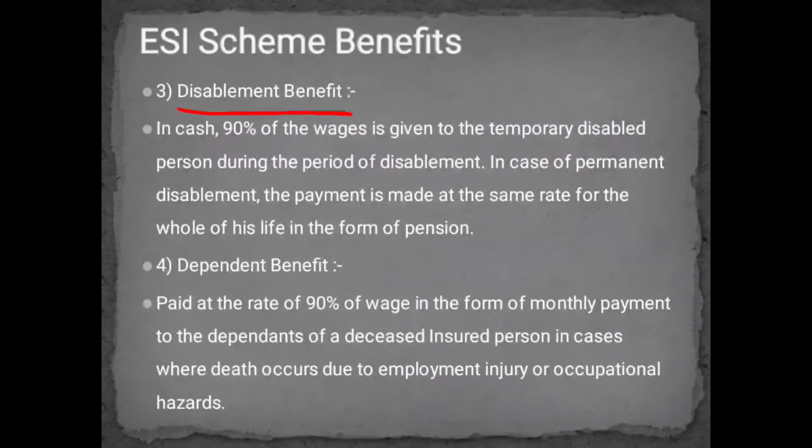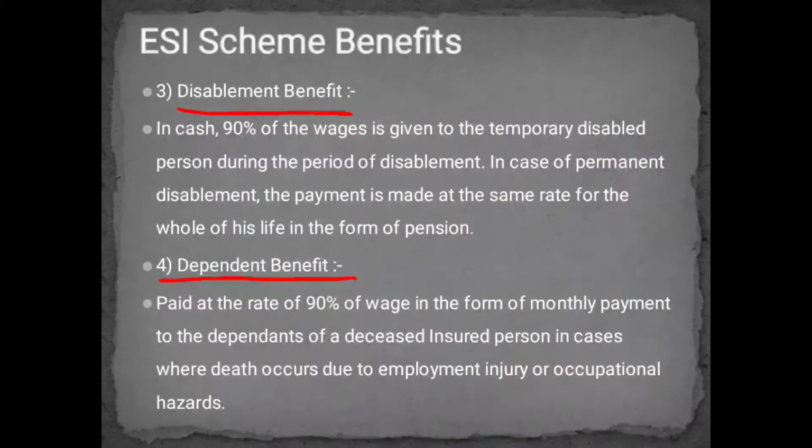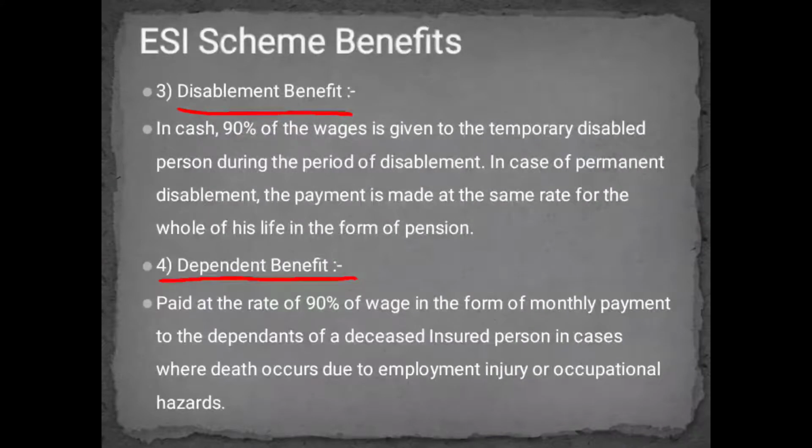Then dependent benefit. What is another benefit? Paid at the rate of 90% of wage in the form of a monthly payment to the dependents of a deceased insured person in cases where death occurs due to employment injury or occupational hazards. See, now in a factory, for example, one person was working, and due to an accident in the factory, or while working in the factory, he collapsed and died.